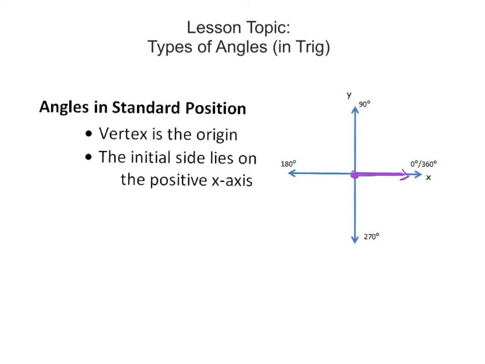So my angle is going to be created with its initial side, or its first ray, on the x-axis. Now, the other ray of our angle goes somewhere else. Let's say, for example, over here. Okay? So now we have an angle in standard position. Now, this ray is our initial side.